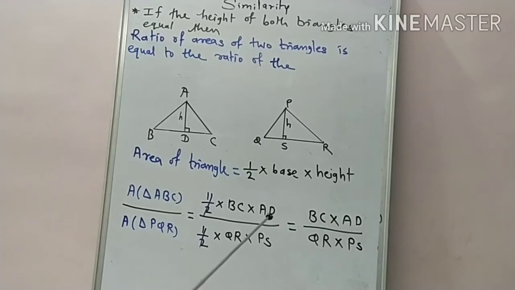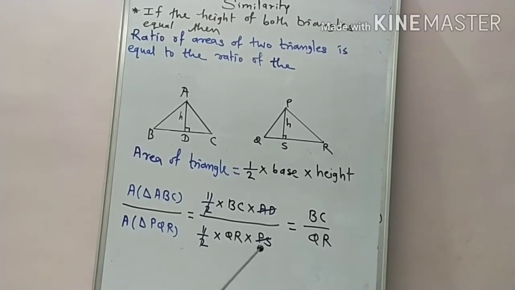It means if AD is 4 units, PS is also 4 units. If PS is 7 units, AD is also 7 units. So what does it mean? AD and PS also get eliminated. So what remains? BC and QR, because AD and PS are eliminated, given the height is the same.